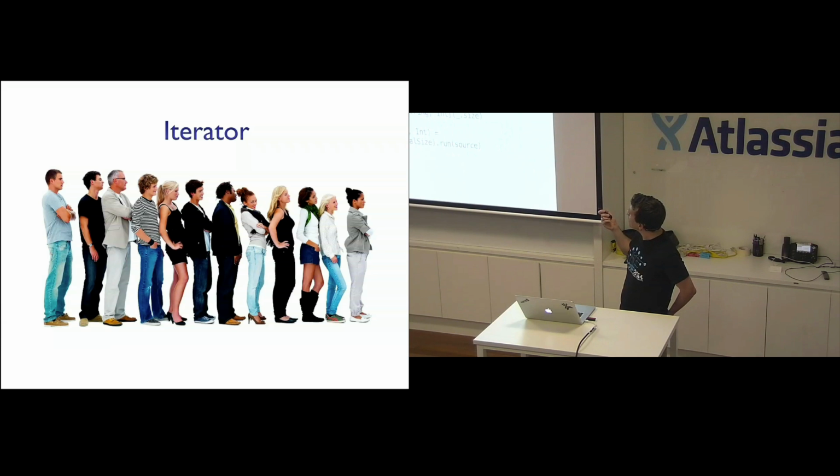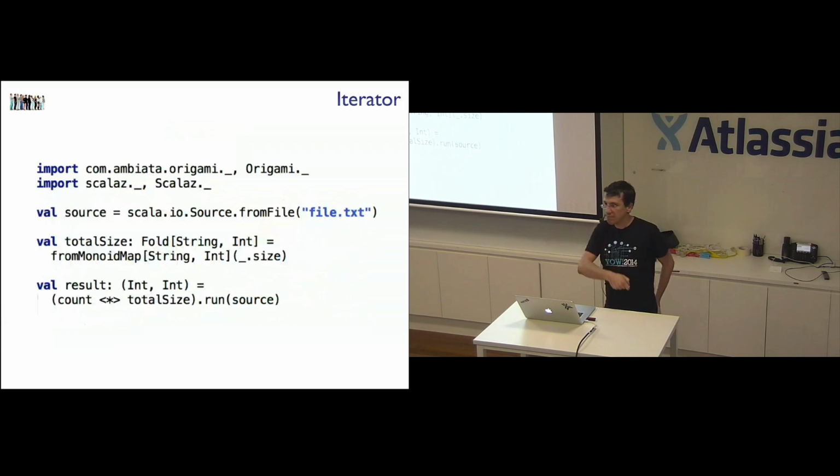Okay. So let's go back to the first examples where we had the for loop. We're reading lines from a file using Scala IO source. I'm creating a new fold that's just going to accumulate the size of each line. So that's a fold. I'm reusing the count fold coming from the library, and I'm just zipping the two to get a result, and then I can run it.